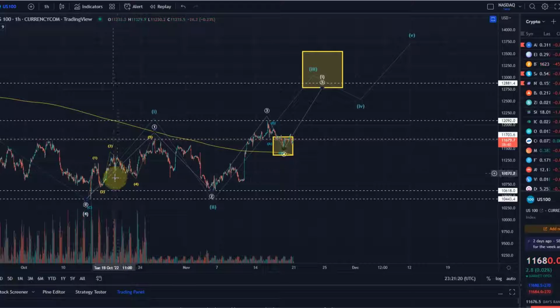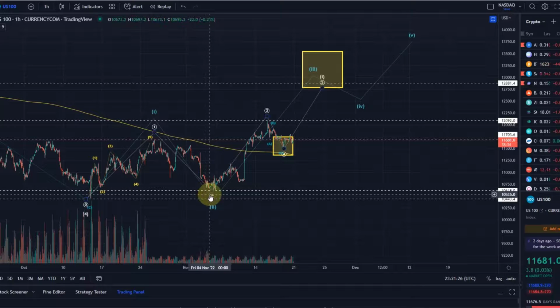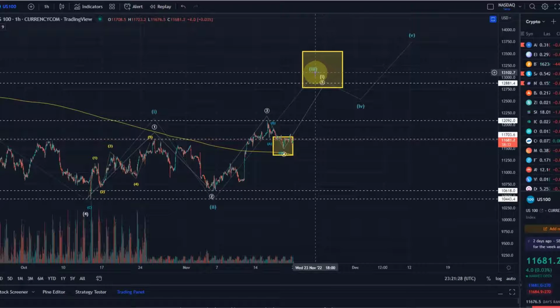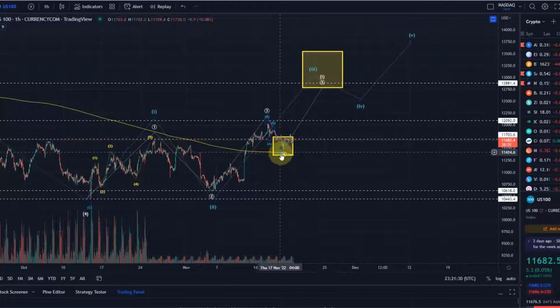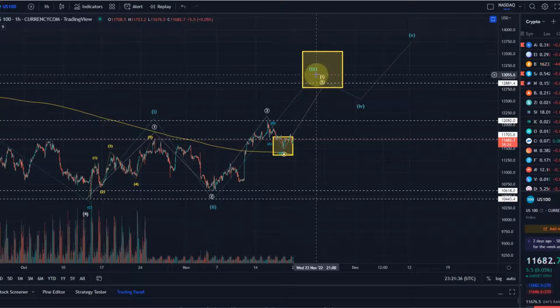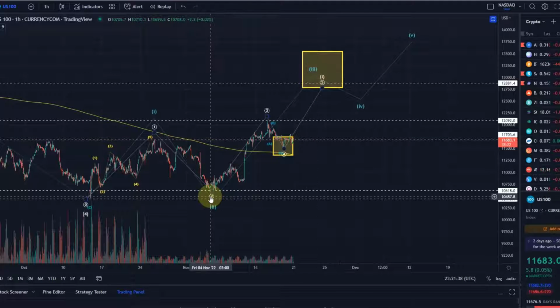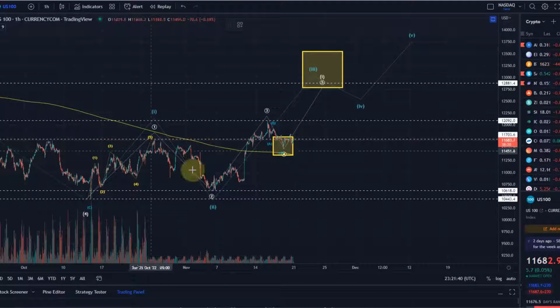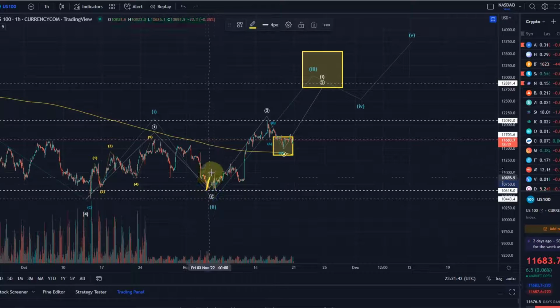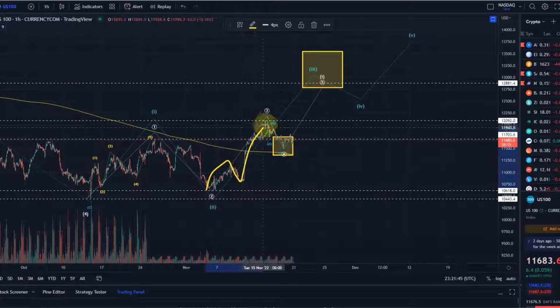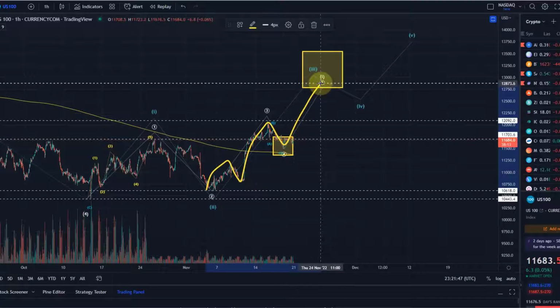The other interpretation would be the blue count, that we say, okay, we also saw here a leading diagonal in a wave 1, then a wave 2 down, but that wave 3 is actually not finished. So that the move to the upside here would not be a diagonal, but actually an impulse. So that the wave 3 is still putting another high in, and in the wave 3 itself, we had here a wave 1, a wave 2, that's a 3, this is a 4, and a wave 5 to come.